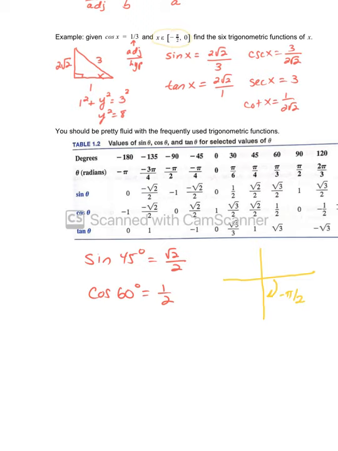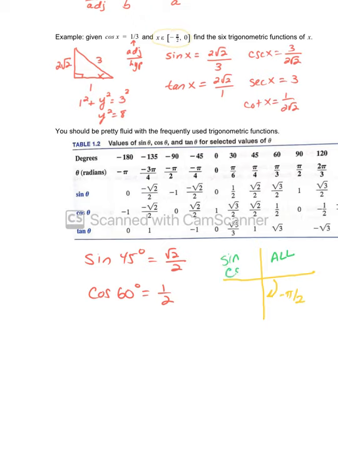So remember, in the fourth quadrant, our answer wasn't complete above, because in the fourth quadrant, not everything is going to be positive. All of the answers I gave were all positive. So you need to remember that in the first quadrant, all trig functions are positive. In the second quadrant, sine is positive.